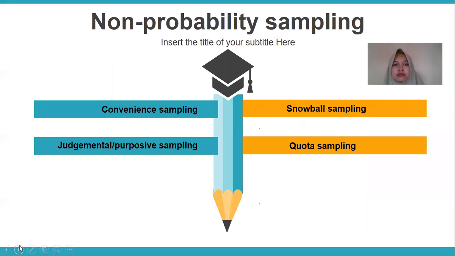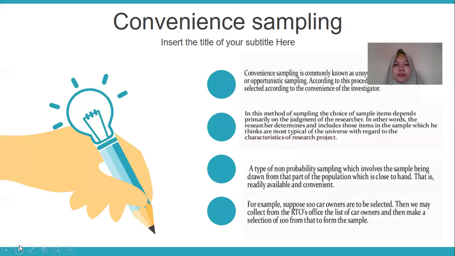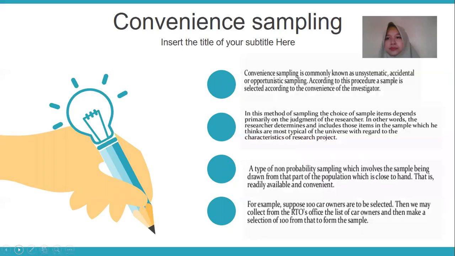Now, we come to non-probability sampling. In non-probability sampling, we are going to talk about convenience sampling, judgmental or purposive sampling, snowball sampling, and quota sampling. Convenience sampling, guys, is commonly known as unsystematic, accidental, or opportunistic sampling.